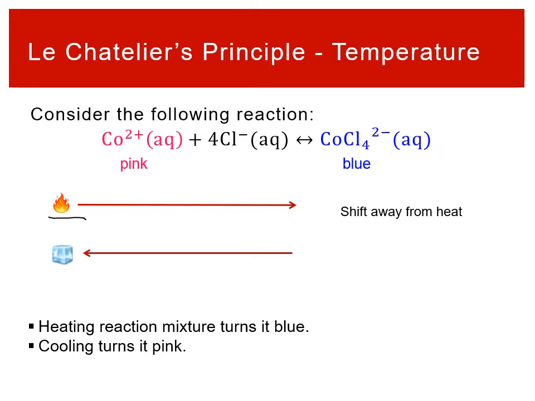Because the heating up causes a shift to blue, where we see more of the products starting to form. So that means we've shifted away from the reactant side where the heat was. Cooling does the opposite, you're going to shift towards the heat, which would be these reactants. So that means heat is on the reactant side. Both of these consistently suggest heat is on the reactant side. This is an endothermic reaction.